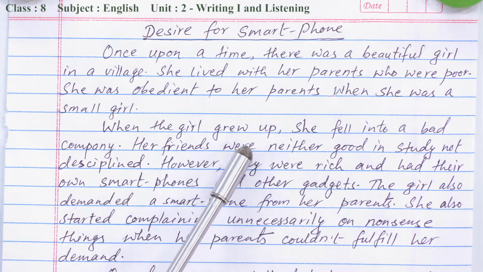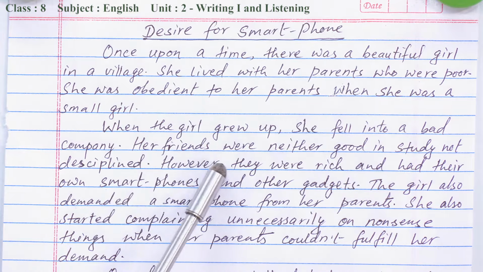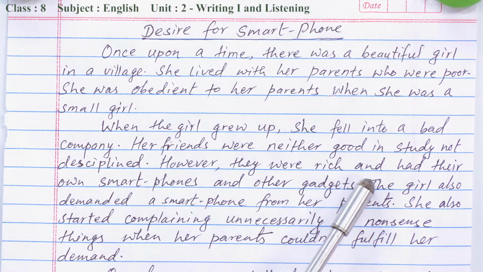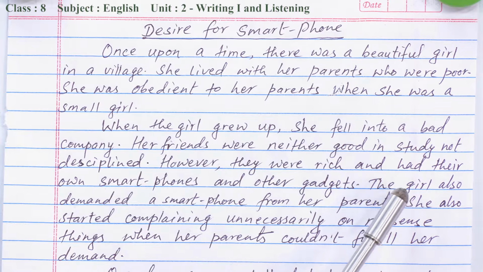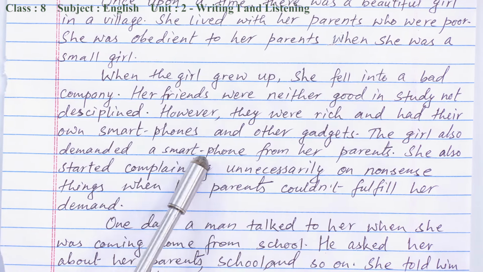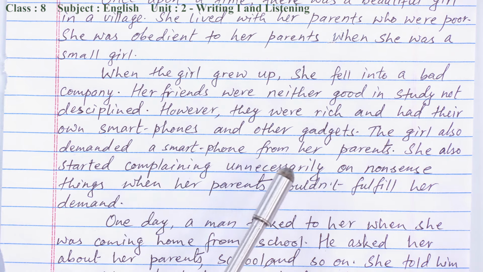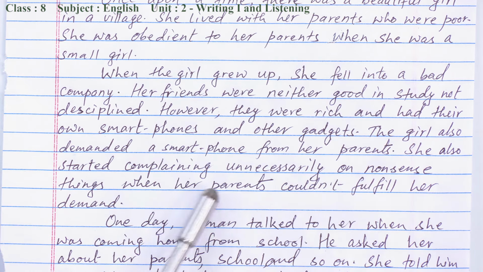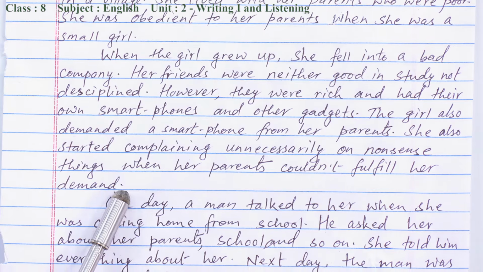Her friends were neither good in study nor disciplined. However, they were rich and had their own smartphones and other gadgets. The girl also demanded a smartphone from her parents. She also started complaining unnecessarily about nonsense things when her parents could not fulfill her demand.